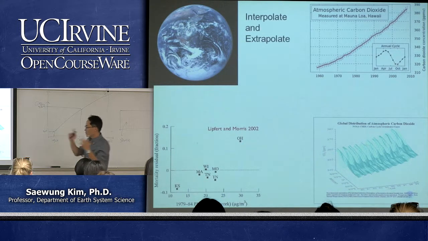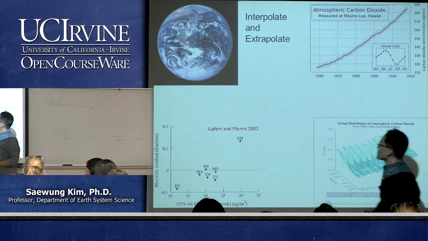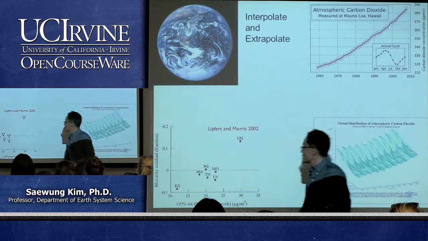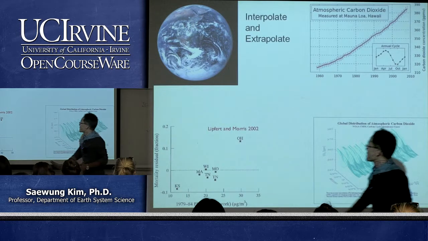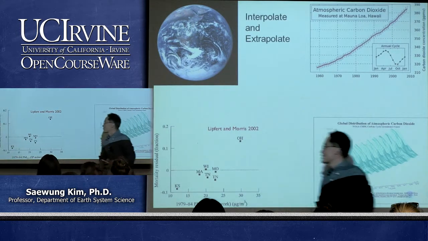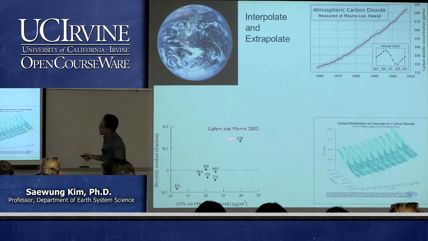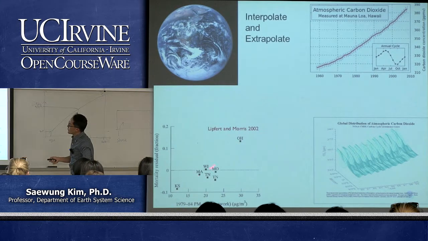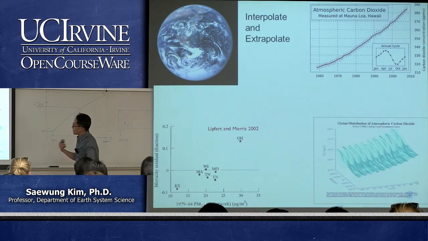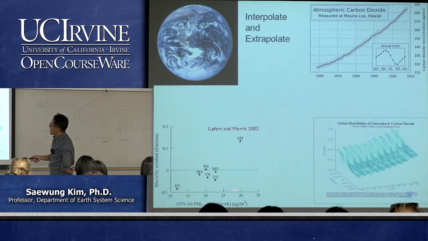So let's assume we observe that California's aerosol loading is about 27 right here. Then we can also make a linear line among these data points. Then we can predict what the mortality due to respiratory health issues is going to be when the particulate matter is about 27.